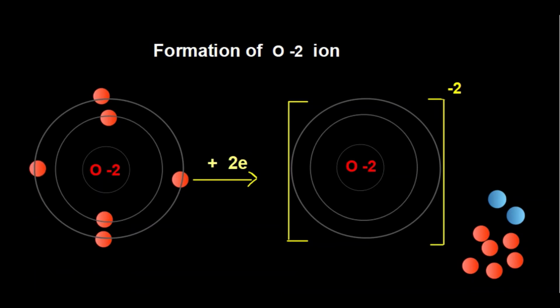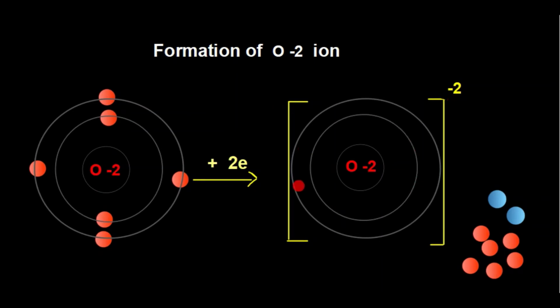So oxygen has 4 electrons in its valence shell. In order to complete its octet in the valence shell, oxygen gains 2 electrons in a chemical reaction. After the gain of electrons, oxygen is converted into the oxide ion.